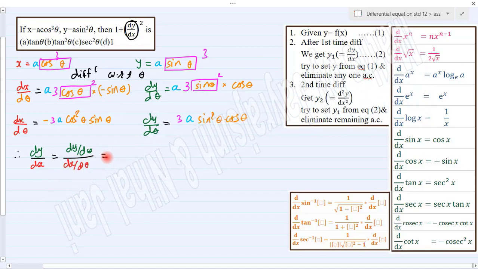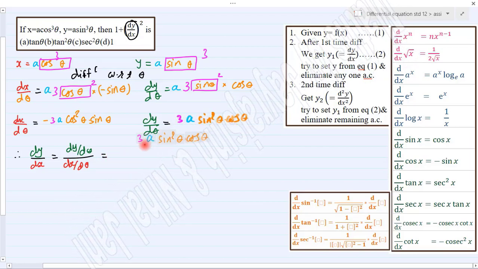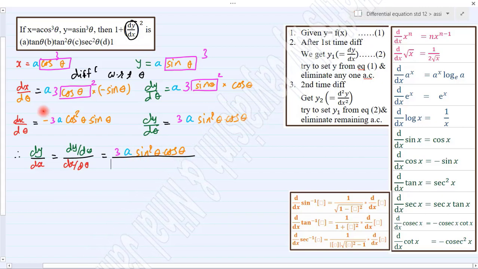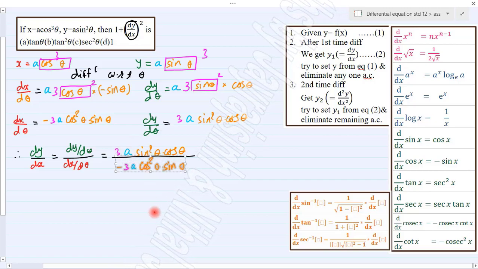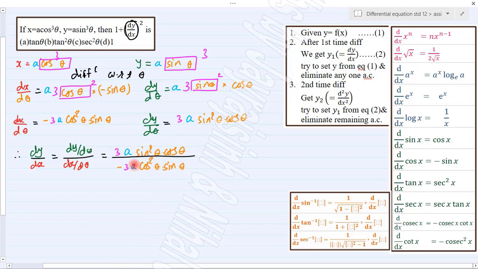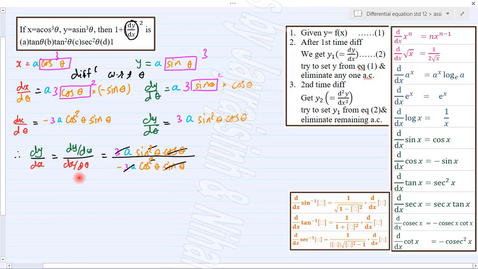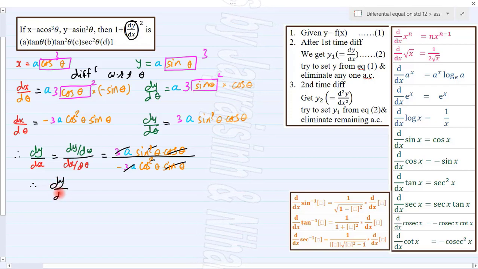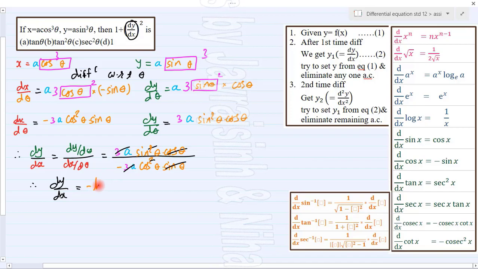So your numerator will be 3a sin square theta cos theta, and your denominator will be minus 3a cos square theta into sin theta. Here 3a will cancel out, 1 power of sin and 1 power of cos will cancel out. So finally we will get dy by dx is equal to sin by minus cos, or we can say minus tan theta.